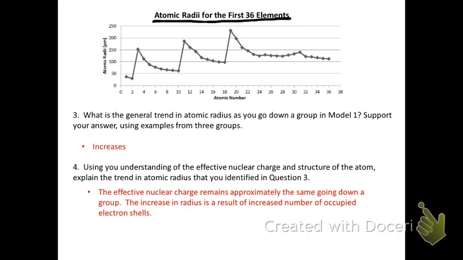As you can see from this graph, on the x-axis is the atomic number, and on the y-axis is the size of the atom, the radii of it. Go ahead and pause this for a moment and get yourself familiar with the graph. Notice what happens as you move across or increase the atomic number.